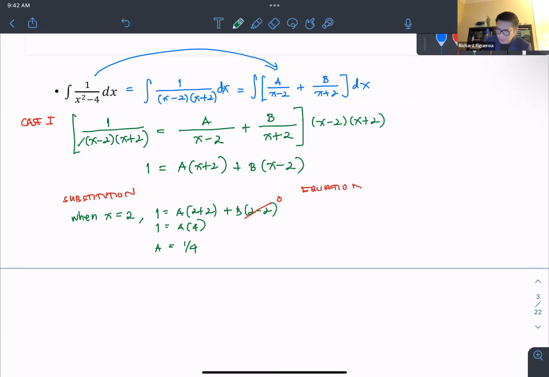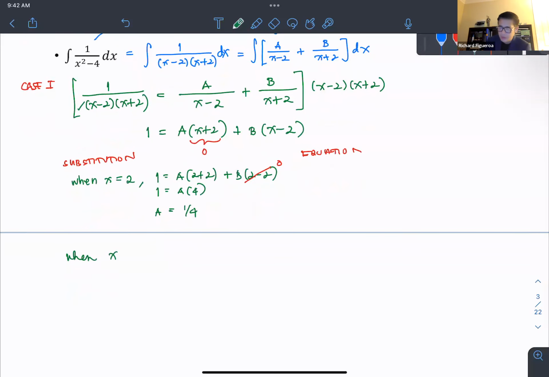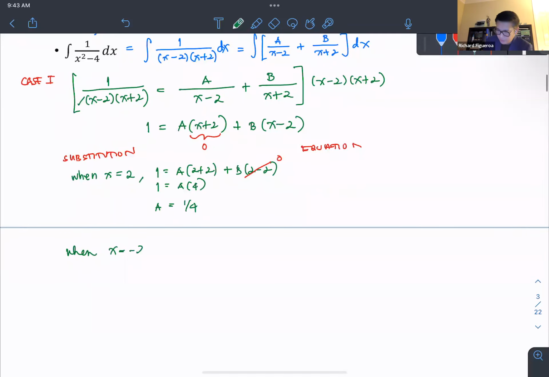Similarly, for me to get the value of B, I want to make this x plus 2 equal to 0. So to make x plus 2 zero, x should be equal to -2. Very good. So that would make it 1 is equal to A times -2 plus 2, then plus B times -2 minus 2.